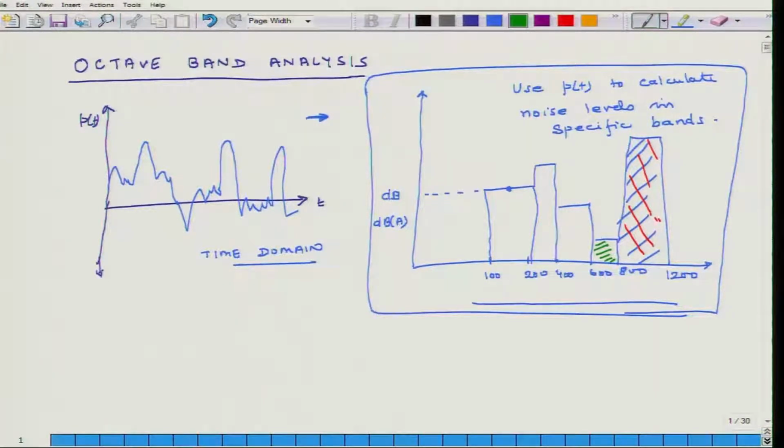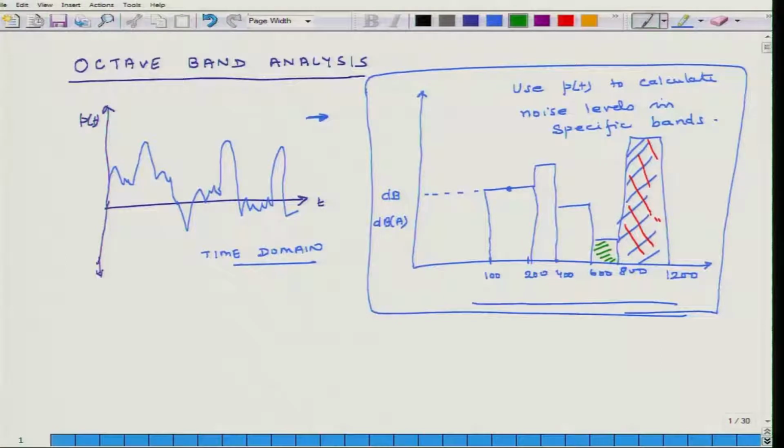So, if I reduce and even eliminate 600 to 800 hertz band noise, it will not make much difference to the overall noise level. So, based on these type of plots, people figure out strategies to reduce noise in areas or from machines. So, that is one use of these type of plots.